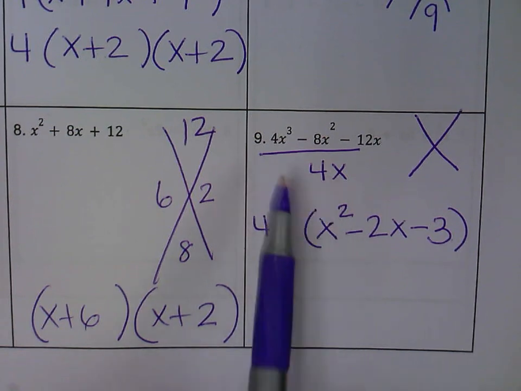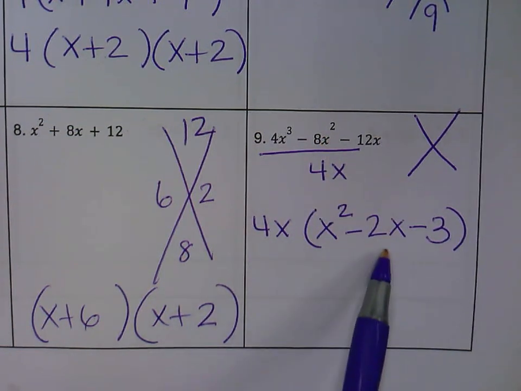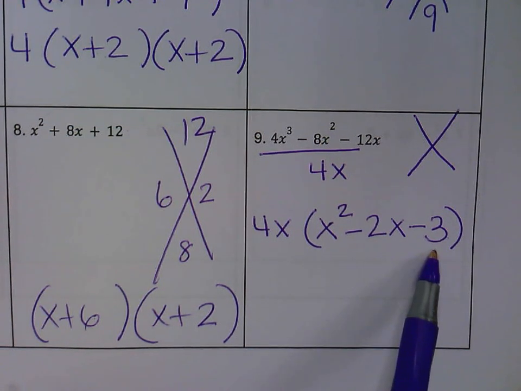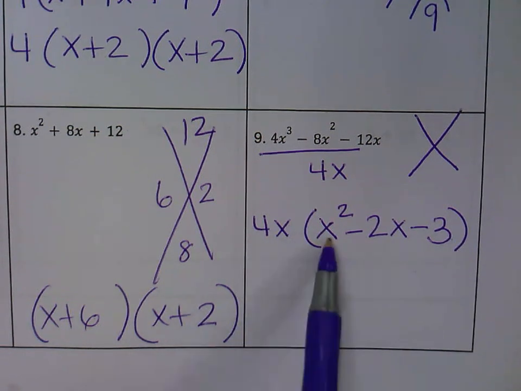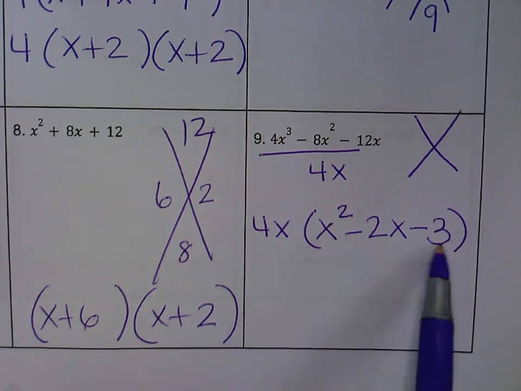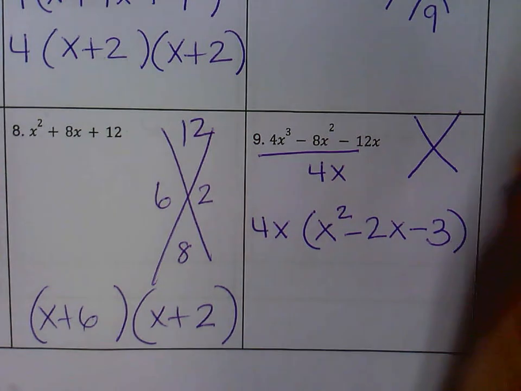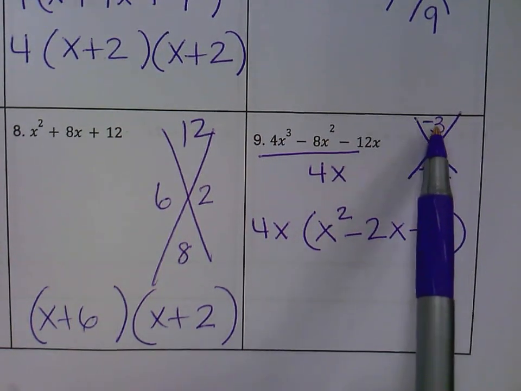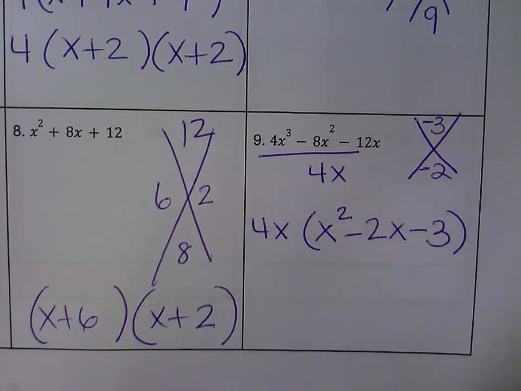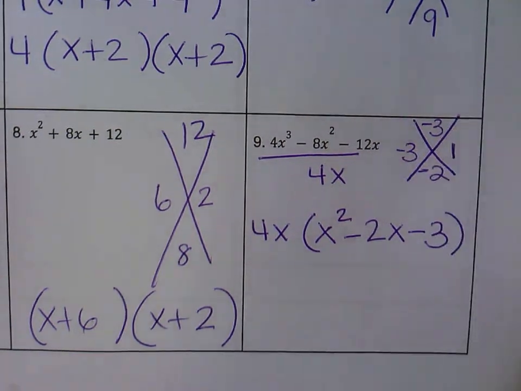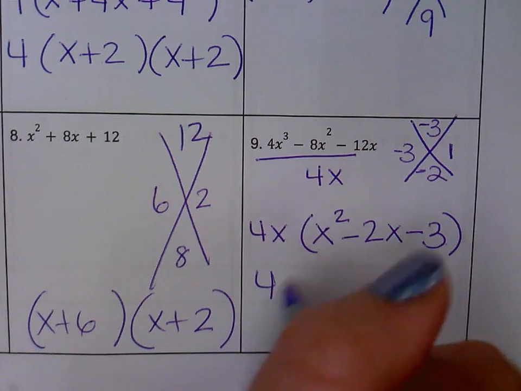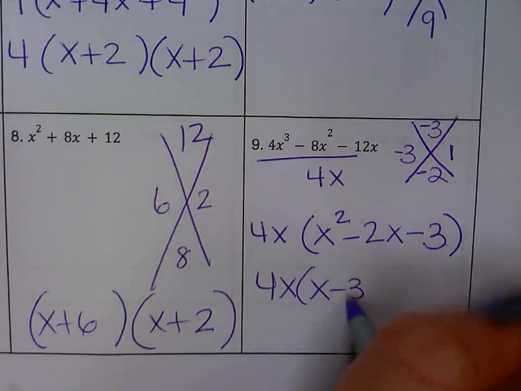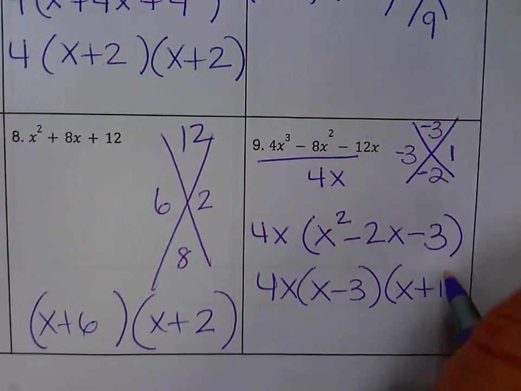So then I would have x squared minus 2x minus 3. 4x decreased each of the exponents by 1. So I have a negative 3, negative 2. What are the factors of negative 3 that add up to negative 2? Negative 3 and 1. So I can factor it one step further. It would be x minus 3 and x plus 1.